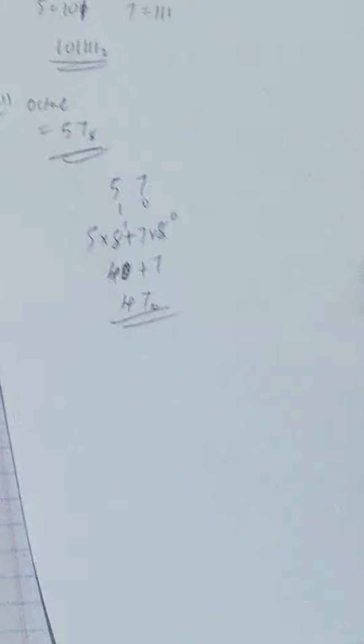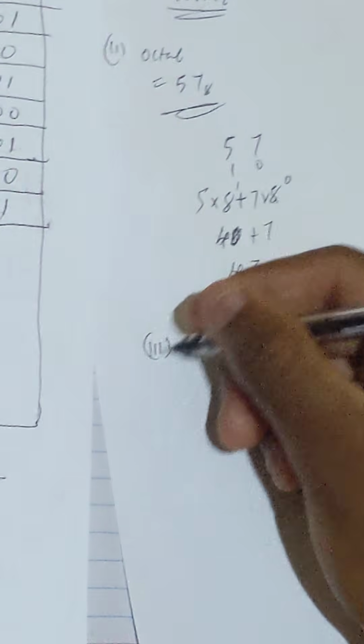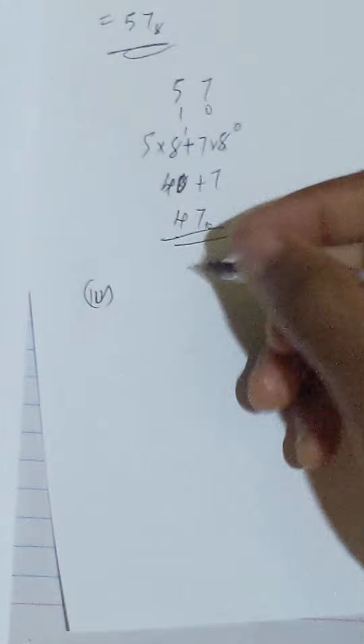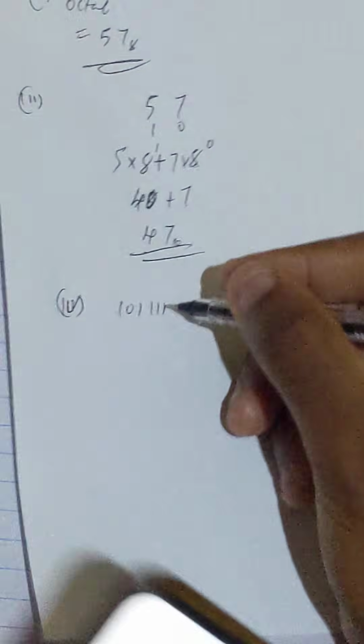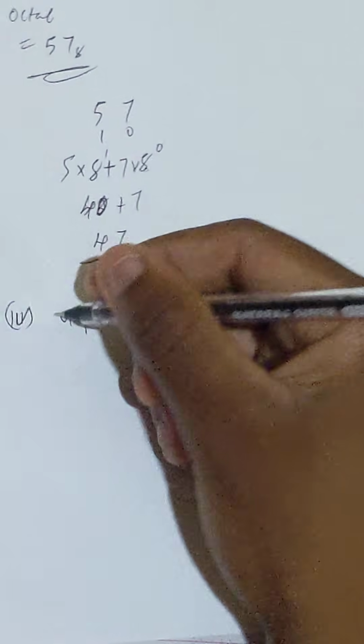So now convert it to hexadecimal, the last one. So how do you convert it to hexadecimal? Now this is what you do. You already have this binary number, which is 101 111. So you're going to count 1 2 3 4, cut it there, 0 1 0 0.